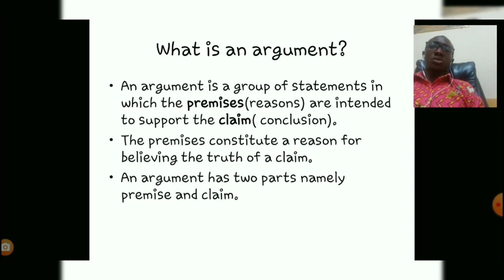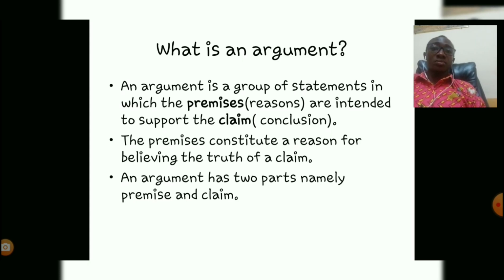The premise constitutes the reason for believing the truth of a claim. So in simple terms, an argument simply means you want someone to understand, to accept or believe something, and you give reasons why the person should understand and believe that thing.